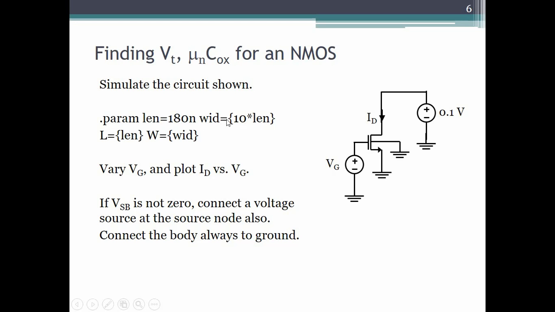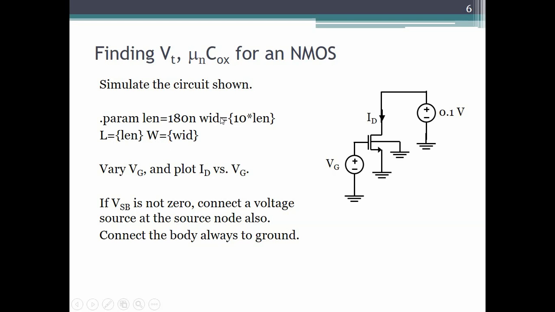You put curly brackets around it when you do a mathematical expression. Then in the MOSFET statement, you can put L equal to curly brackets LEN and W equal to curly brackets WID, so that you don't have to keep on changing here. You can just change it here once.